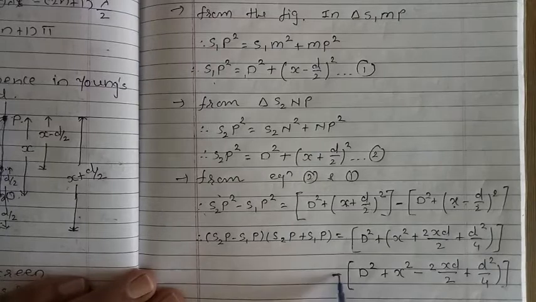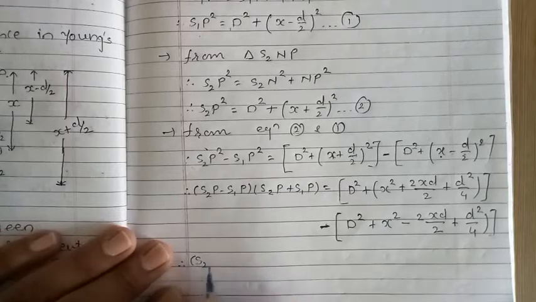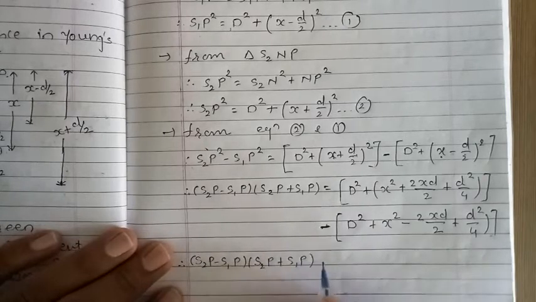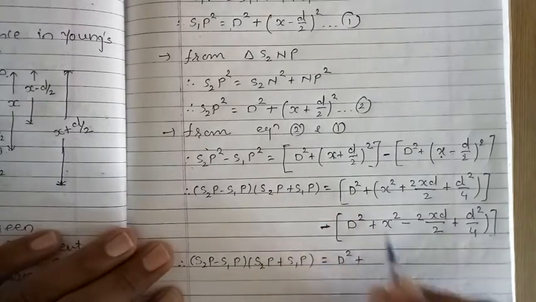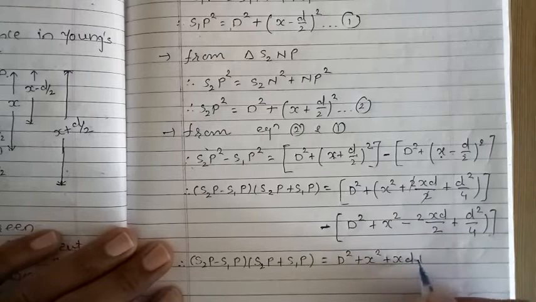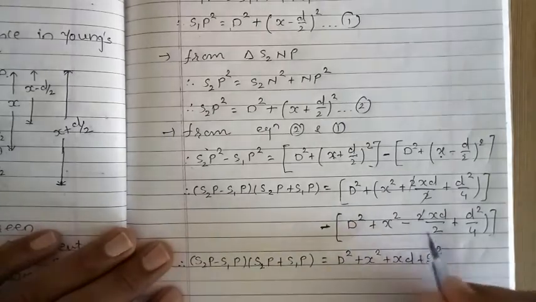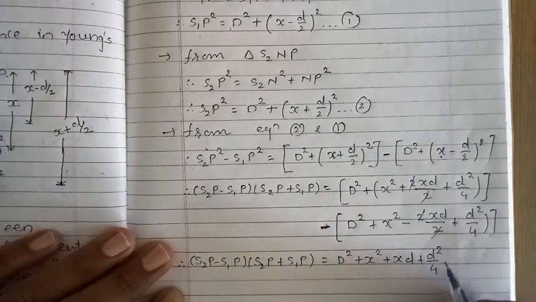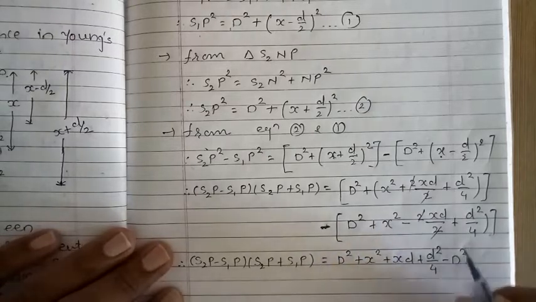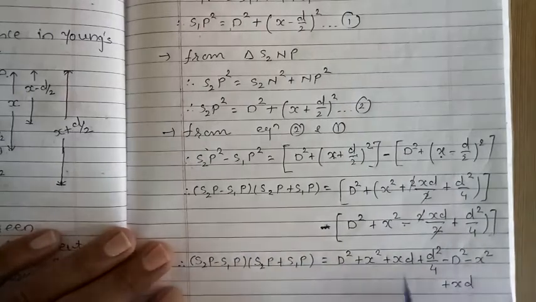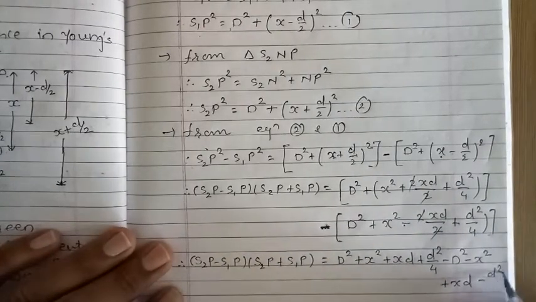Now we take the negative sign inside, so we get S2P minus S1P times S2P plus S1P. This D square is as it is, then x square, and here the 2 cancels, so xd plus d square by 4. Here again the 2 cancels, and as we take minus inside, minus D square, then minus x square, then minus minus plus, so plus xd, then minus d square by 4.